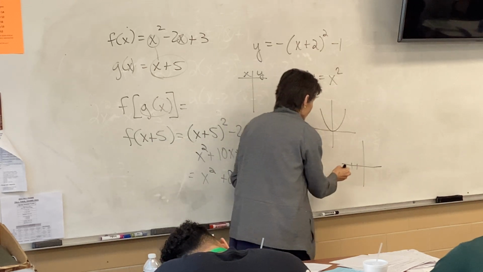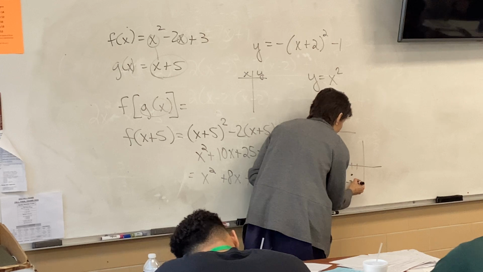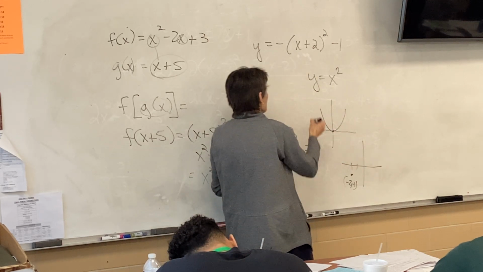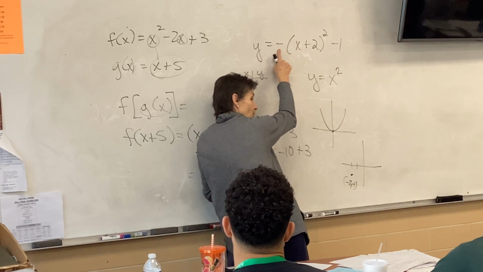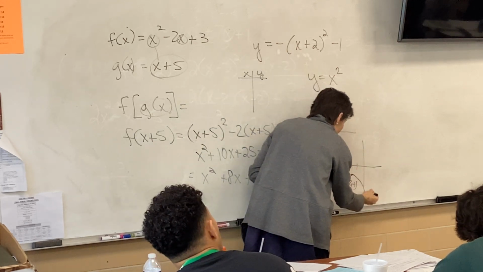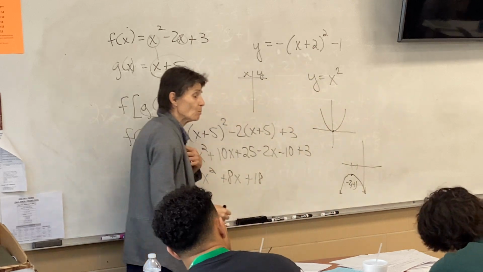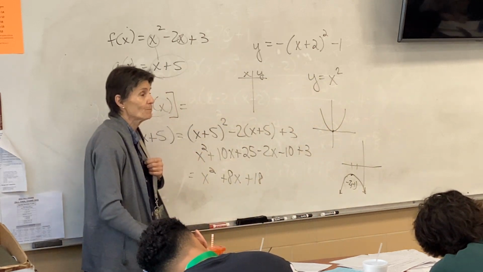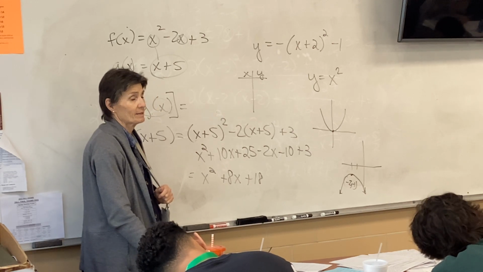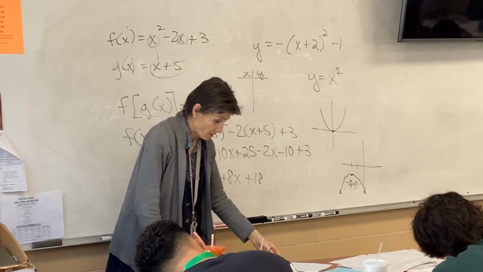Down 1. So now I'm at -2, -1 instead of the origin. And then what does that do to it? Okay. That turns it upside down. So really, without too much difficulty at all, you can sketch that, just knowing what the transformations mean.